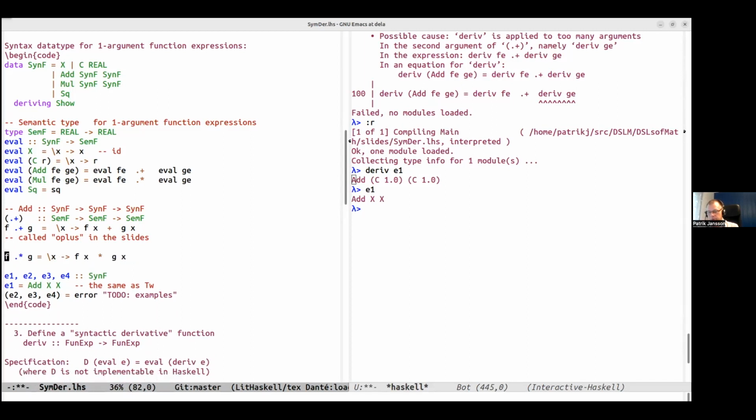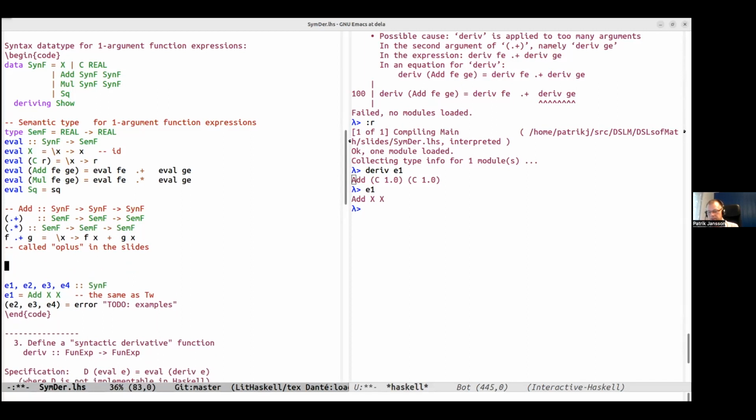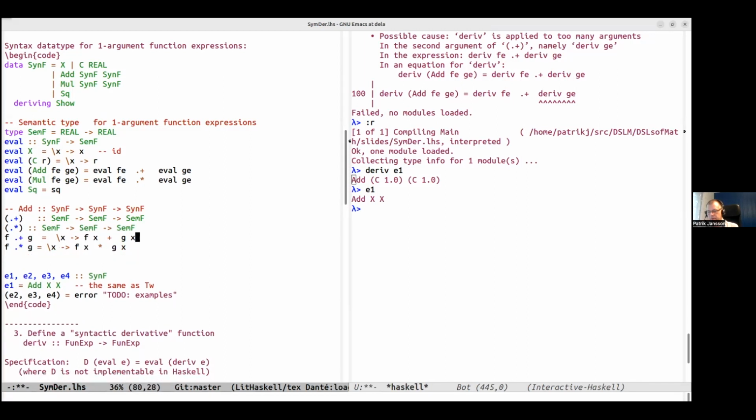So if I want to see the similarity here, I can put them next to each other and indent similarly. Okay. So dot plus and dot star have exactly the same type, but in one case it's addition and the other case it's multiplication.